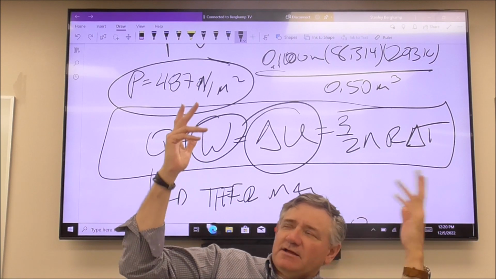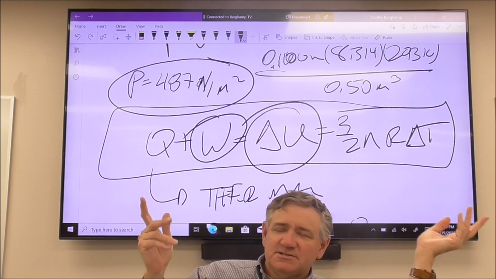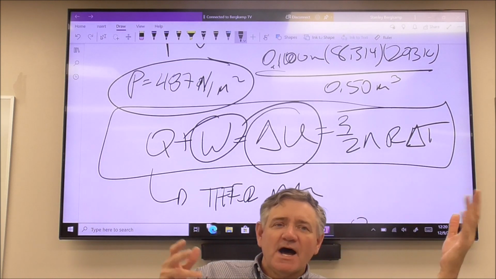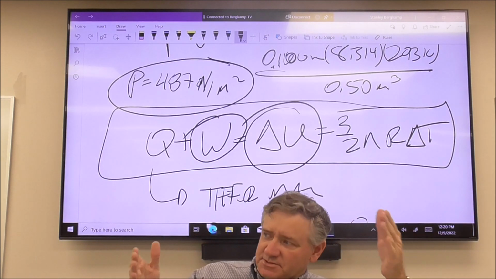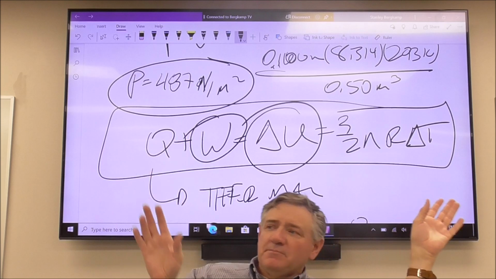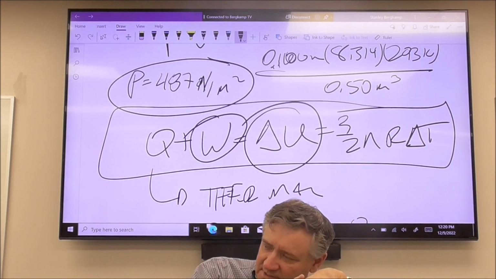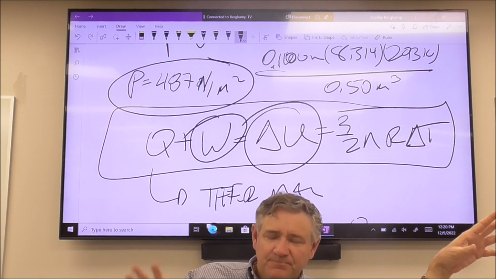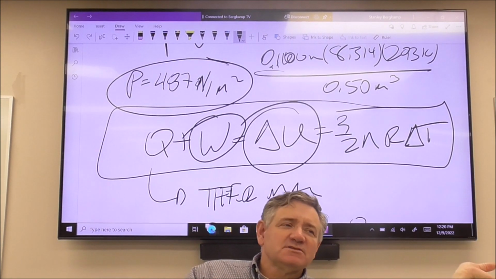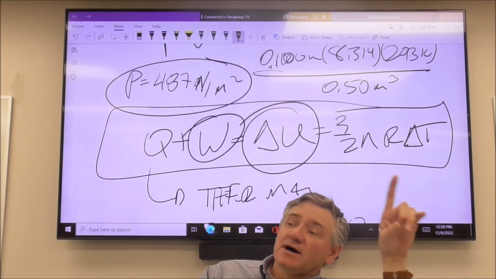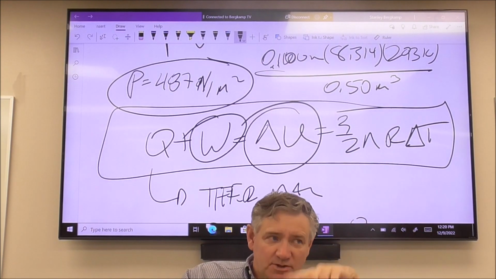One kid's hanging from the ceiling, got some potential energy, whatever. So if I could measure all of that combined energy, that's what U is representing. It's the sum total of all of the system. But we're really not even concerned about that. What we're worried about is the change in U, okay?